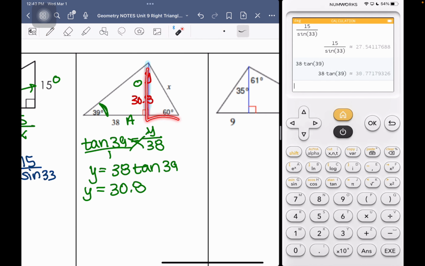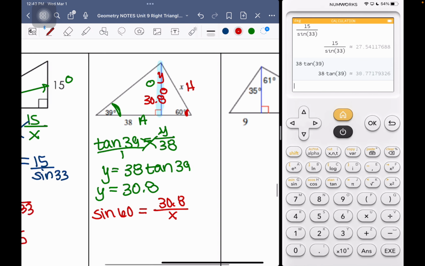Now, in this triangle, we have a known side and an angle, so we can find x. So now 60 degrees is our new reference angle. That makes 30.8 your opposite, and x is the hypotenuse. Opposite and hypotenuse is sine, so sine of 60 is equal to 30.8 over x.